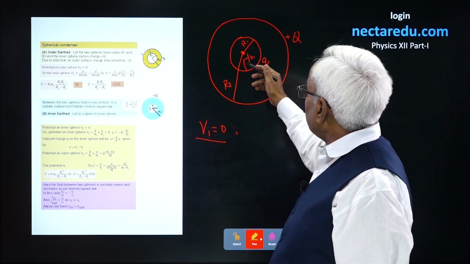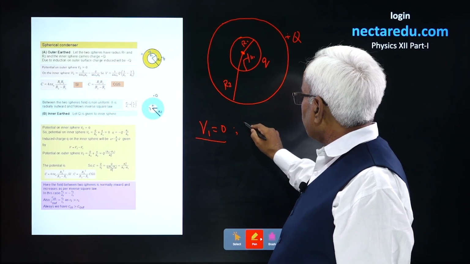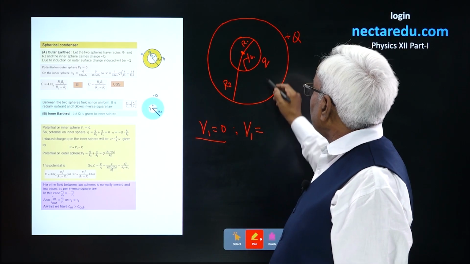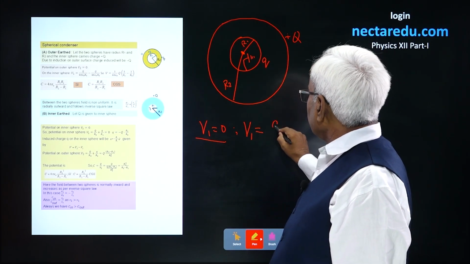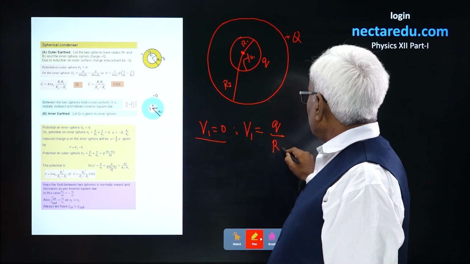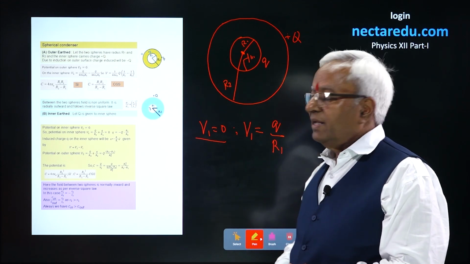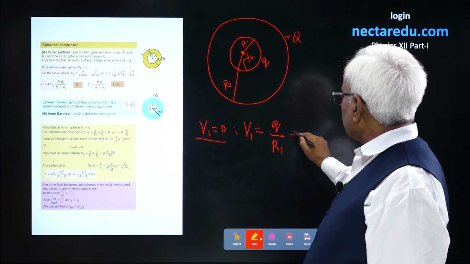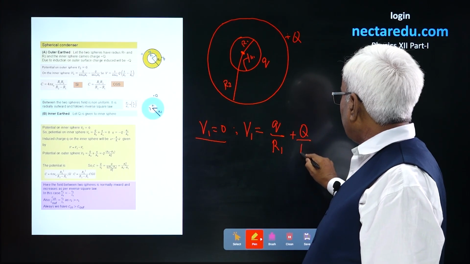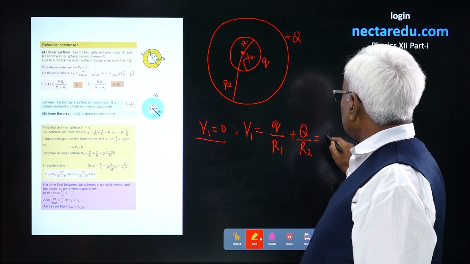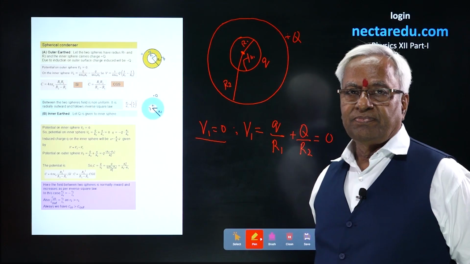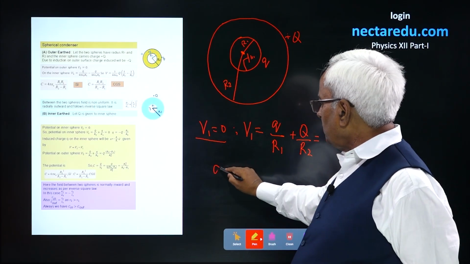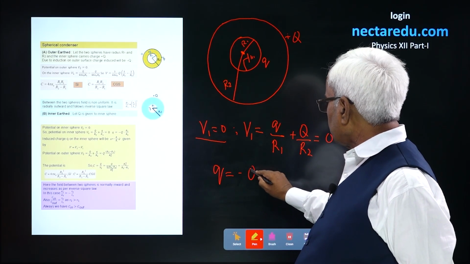Let's calculate the potential on the inner sphere. This potential will be, because of the inner sphere, q upon R1, and because of the outer sphere it's going to be Q upon R2, and that should be zero necessarily. That way you find q equal to minus Q R1 upon R2.